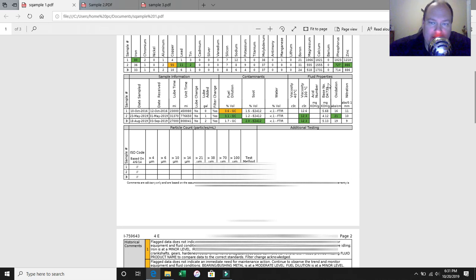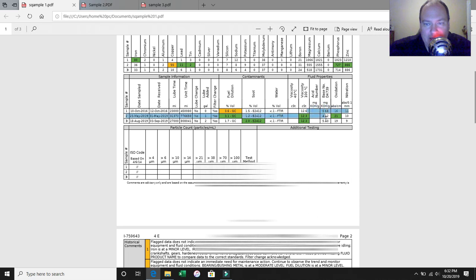So the higher the number, the better. For some reason, when I use a synthetic oil, it has a lower base number than conventional oil does. I'm not sure why, but it tends to hold its base number better, whereas the conventional will deplete a little bit at a time. So these base numbers are a little bit lower than what you'd get if you're using conventional oil.